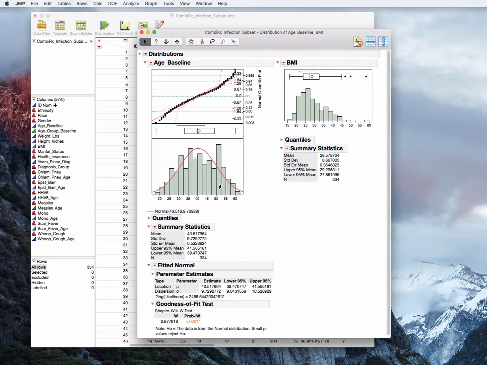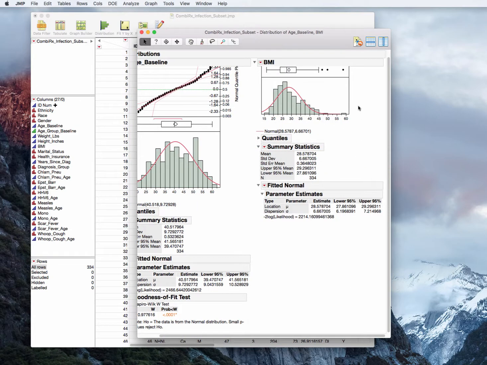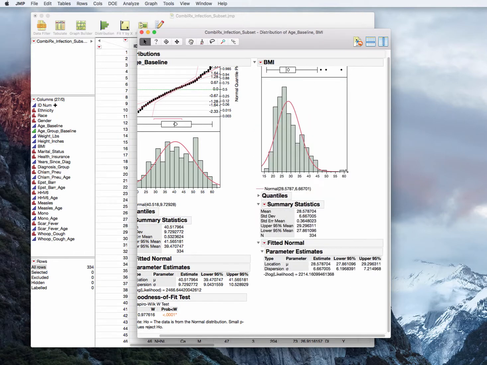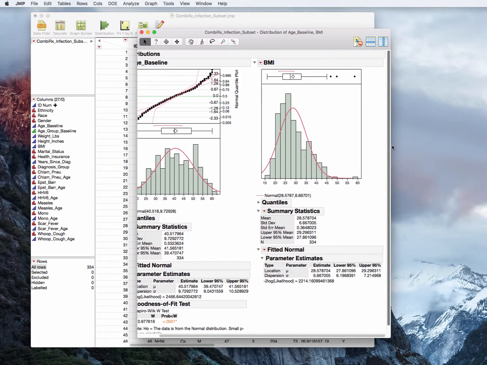So this is what it looks like for age at baseline. And then if we ask for the same on BMI under continuous fit normal, we're actually going to see that this really doesn't fit well because of what we've talked about in the skewness of BMI, and that we have many more people in the normal to overweight range than we do in the obese and then, of course, morbidly obese range.